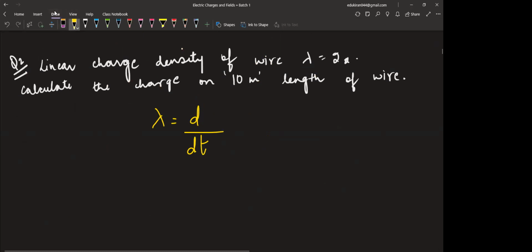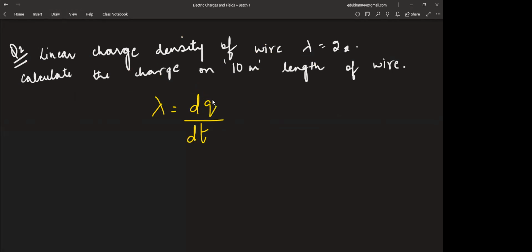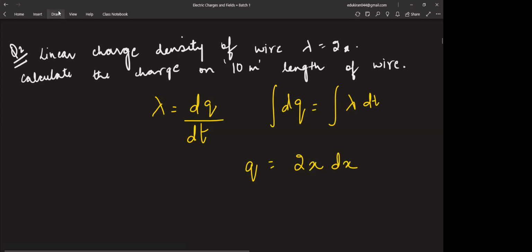We require dq. What is the inverse function of differentiation? It's integration. So dq is equal to the integral of lambda dx, because dq is what we require and lambda is already given to us. When you integrate this, you have q with you. Lambda is 2x, and it is dx, charge per unit length.